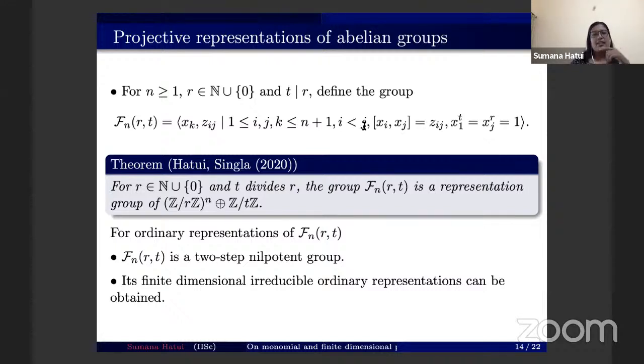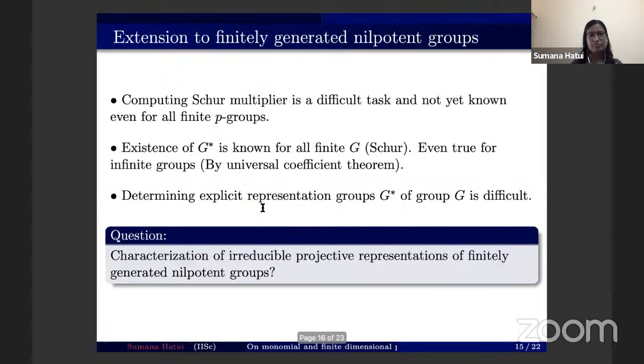But the problem is that if your n is large, you cannot count for a fixed dimension how many ordinary representations there are. Of course, for a smaller n, by handy calculation you can compute the ordinary representations here. Okay, so this is for abelian groups.